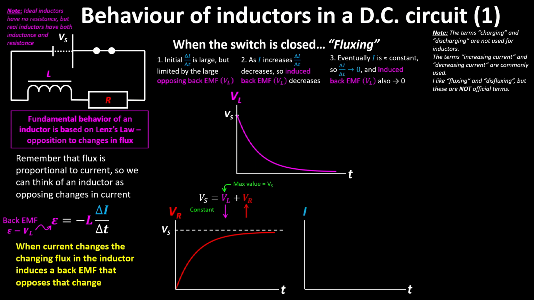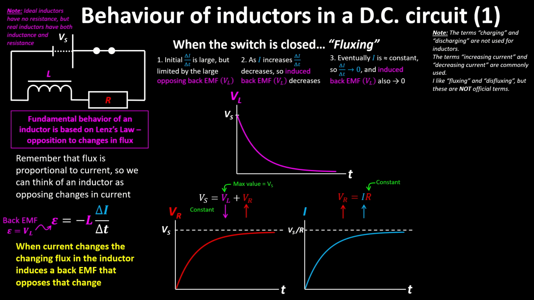And current, well, there are two ways of thinking about it. One is what we talked about before, but the other is looking at Ohm's law. We know the resistor voltage is increasing and the resistance is constant, so the current must also be increasing. It will do the same thing as the resistor voltage, as I said before, that's always the case. It will start at zero and head towards a maximum value of Vs over R.